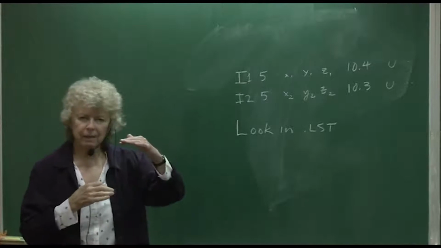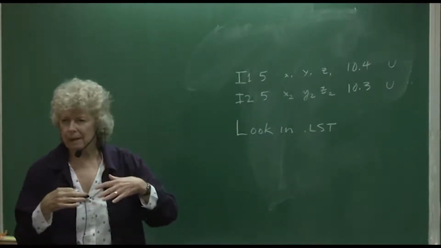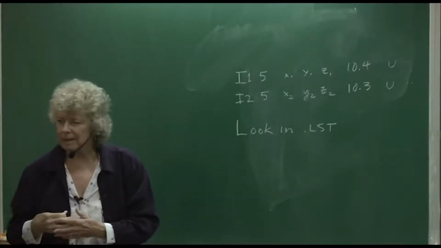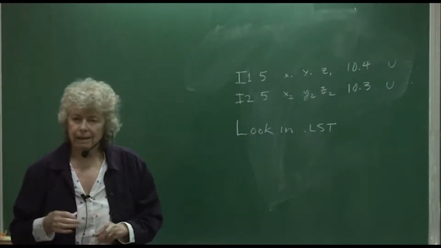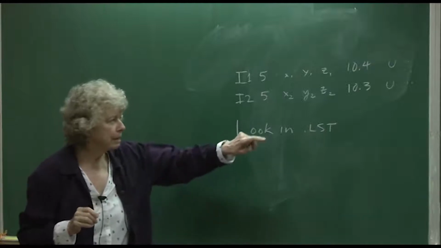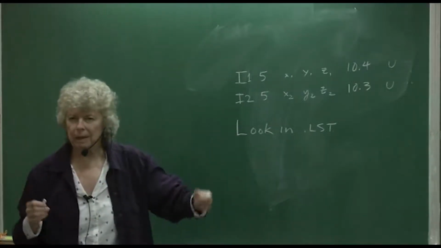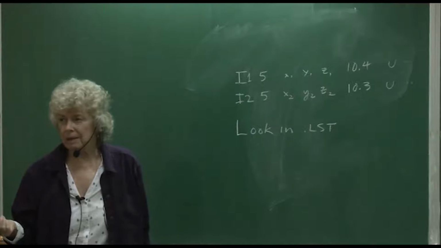The first part of the LST file contains all your input atoms, and then towards the bottom it contains the output atoms. And in that list, the occupancies are listed not as 21 and minus 21, but as the actual refined values.